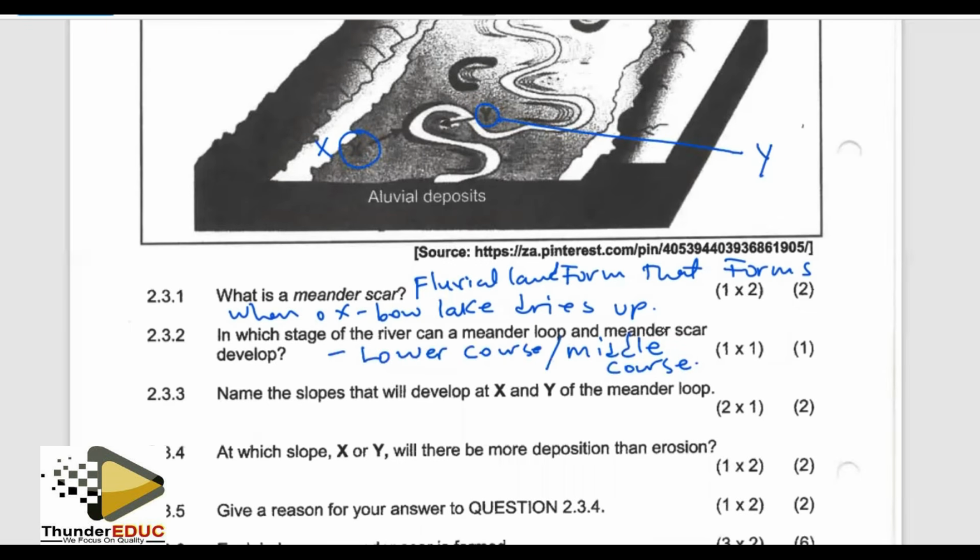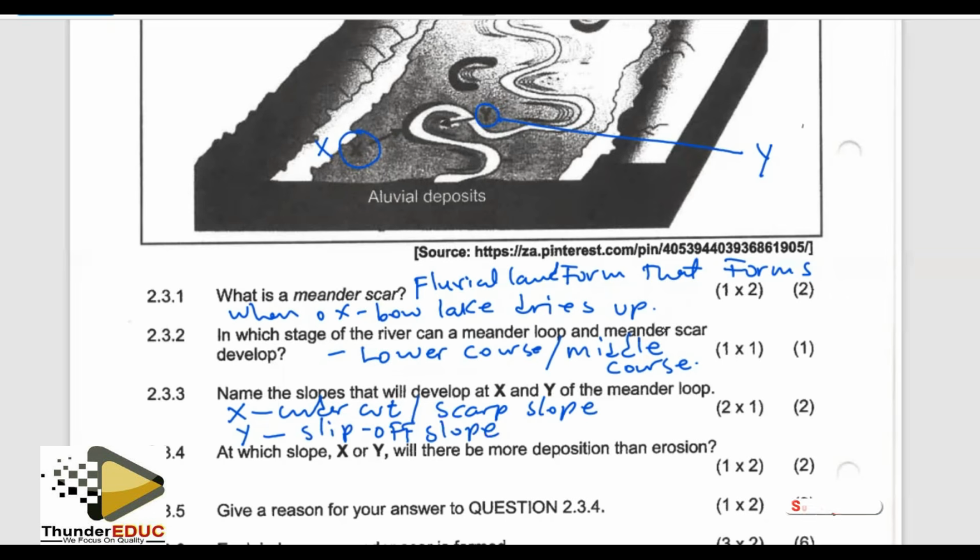That's where the water flows so fast. So X, the undercut, sometimes we call it the scarp slope. Then Y, where the river deposits materials, that would be the slip-off slope.